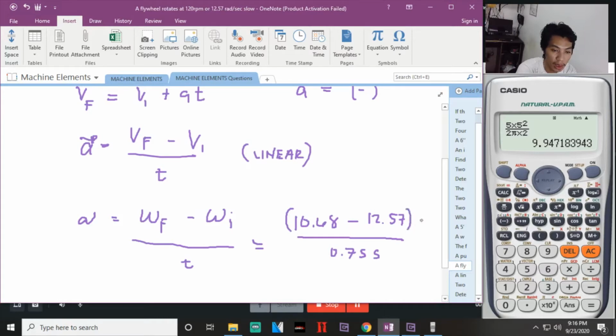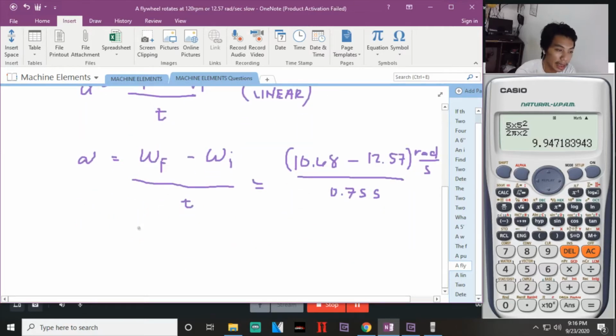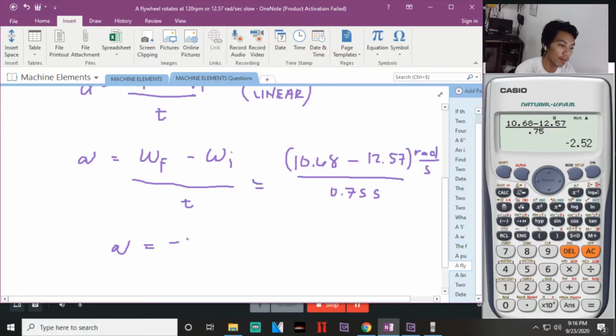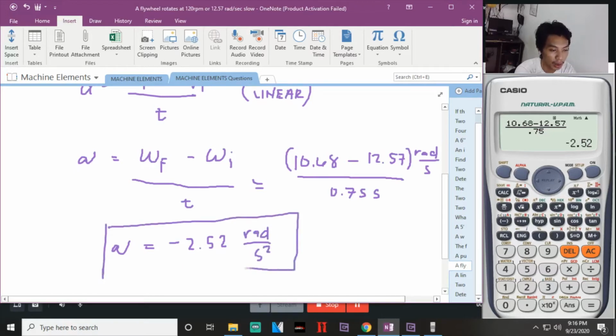Ang unit na nasa taas is radian per second, i-multiply mo lang yung s sa s, so that is radian per second squared. Alpha now is 10.68 minus 12.57 divide by 0.75. And the answer will be negative in magnitude: negative 2.52 radian per second squared. Now, that is your deceleration.